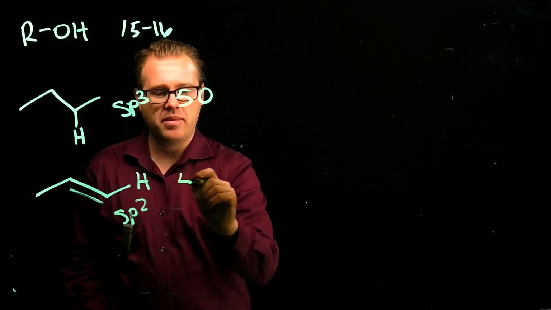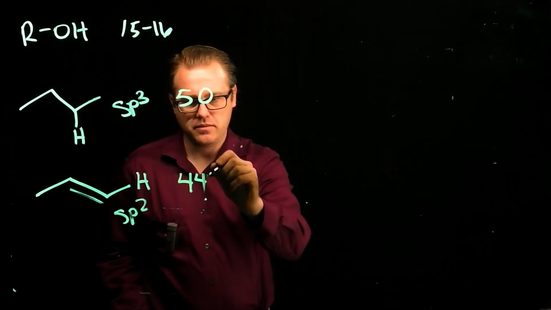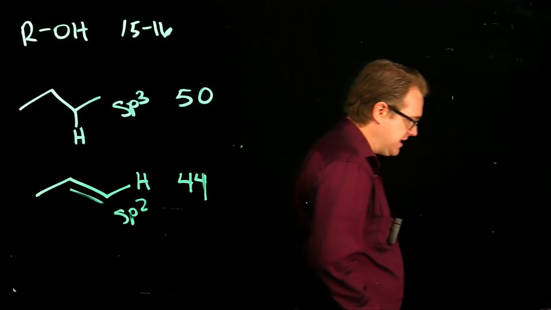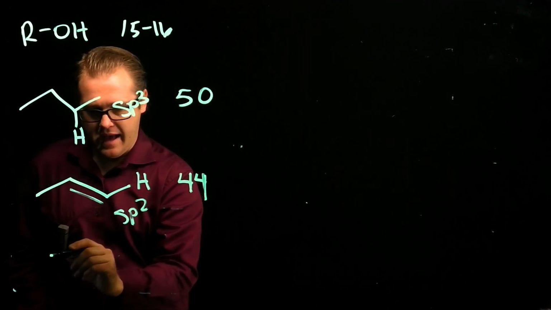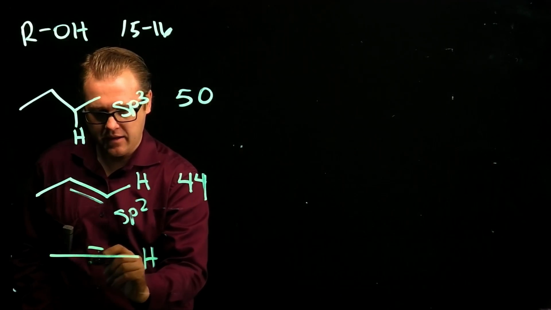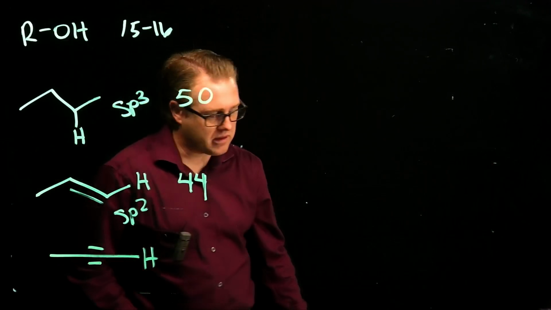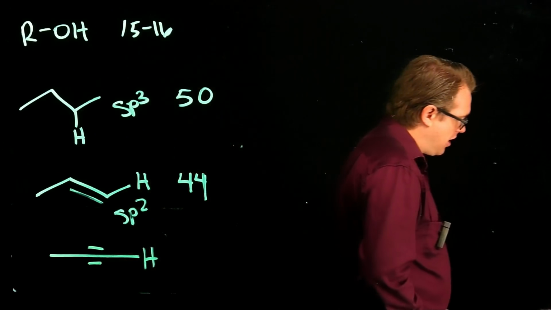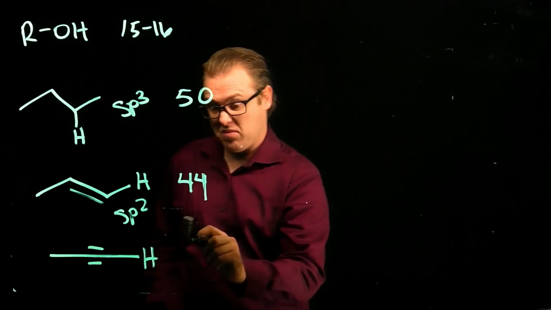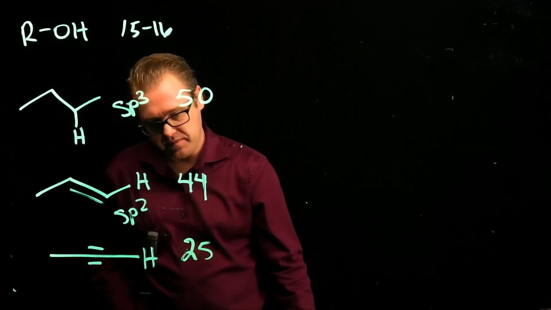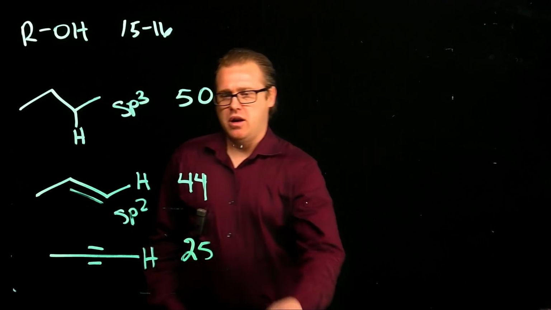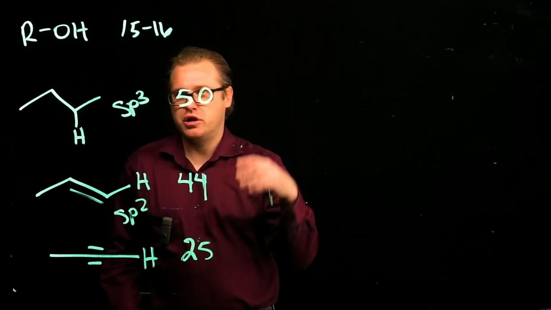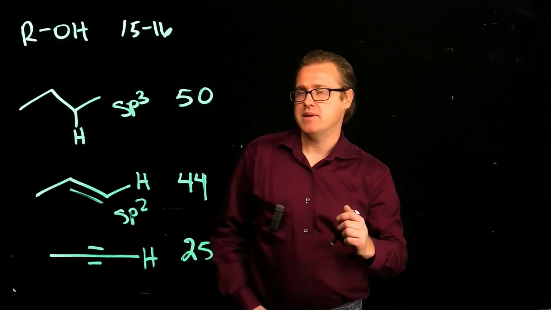You have a pKa of about 44. So a little bit more acidic, but not a lot. And then what if you had an alkyne? All right. Alkyne hydrogens are more acidic by a significant amount. All right. So those four right there are good to just have in your head at all times.